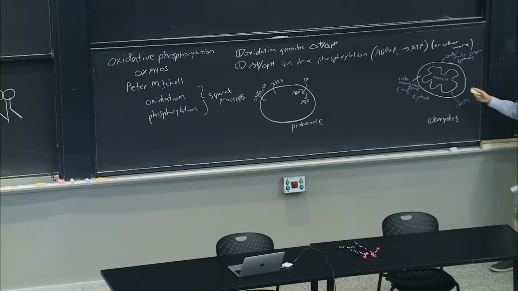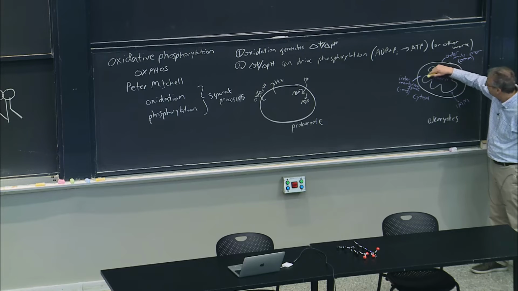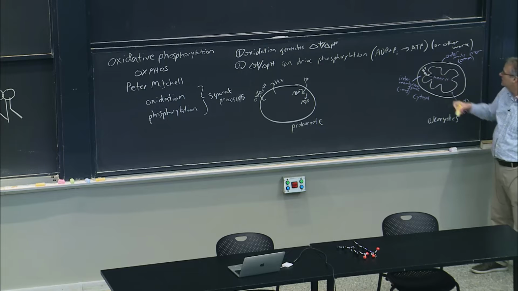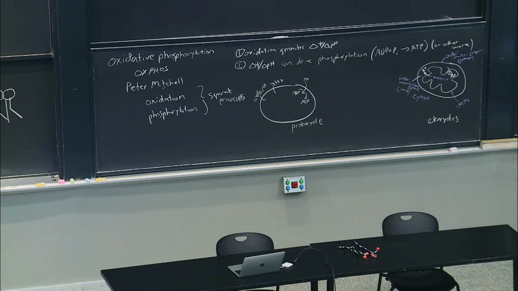And really what's going on is that this battery is being charged across this inner mitochondrial membrane, okay? So protons are being pumped into the intermembrane space of the mitochondria, and then used to synthesize ATP in the matrix of the mitochondria.